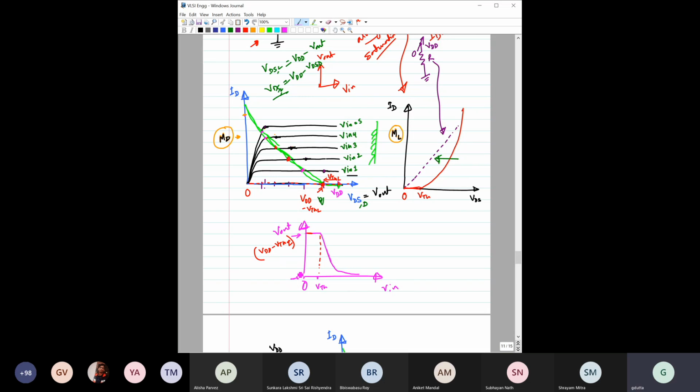Can the minimum output voltage, VOL dash, become equal to 0 for this case? Hey, you should be able to answer this. Bemula, Jash Agrawal, Ranveer Singh. Ranveer? Yes, sir.